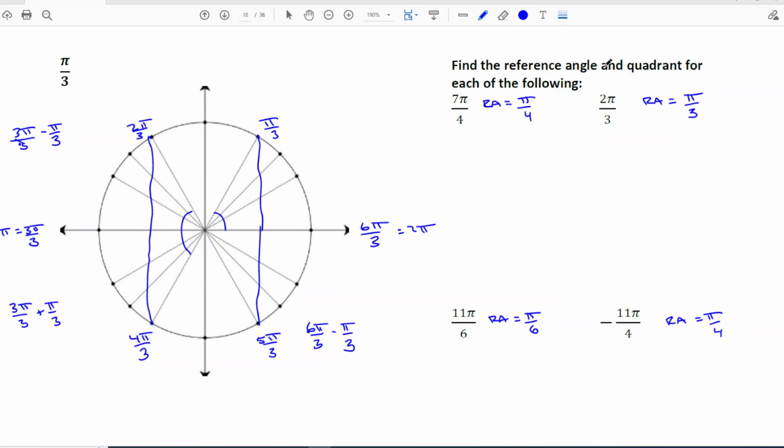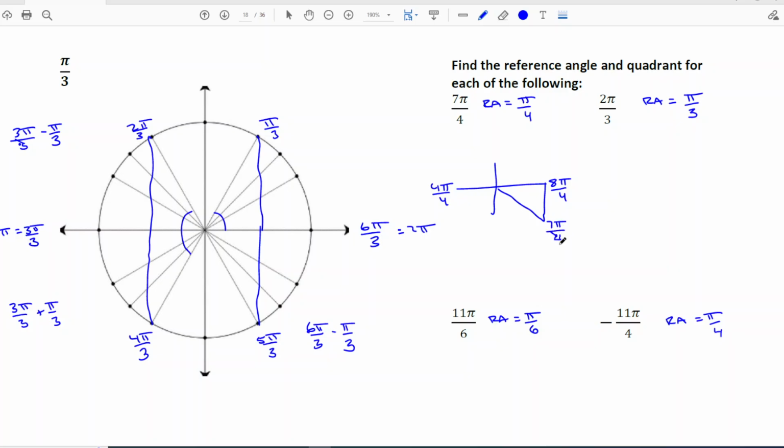Now to figure out which quadrant things are going to be in, we're going to draw it. And if I'm dealing with a denominator of 4, I go straight to pi being 4 pi by 4 and 2 pi being 8 pi by 4. Then I figure out where 7 pi by 4 would fit. Well, 7 pi by 4 is 1 pi by 4 less than 8 pi by 4.